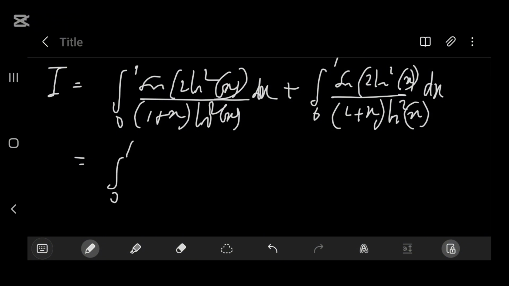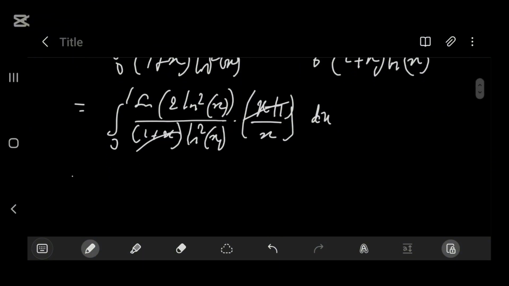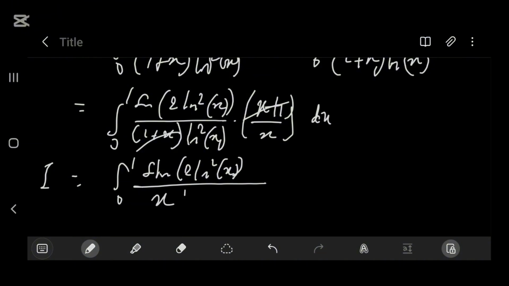We can write this as the integral from 0 to 1 of sin(2 ln²x) over (1 plus x ln²x) times (x plus 1 over x) dx. Eventually the terms cancel each other out, and we are finally left with the required integral, 0 to 1 of sin(2 ln²x) over (x ln²x) dx.